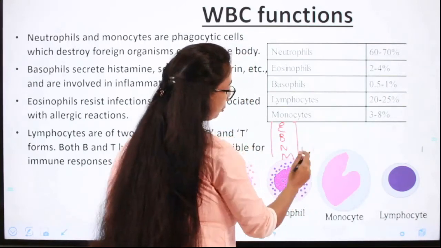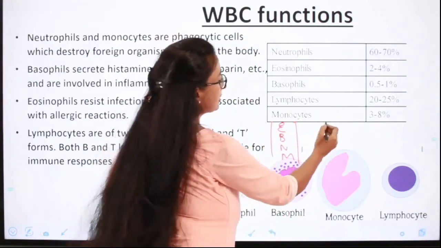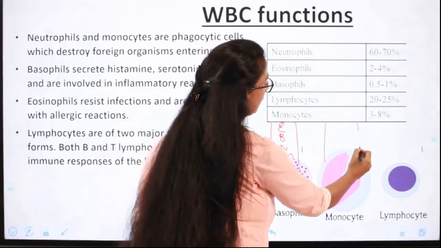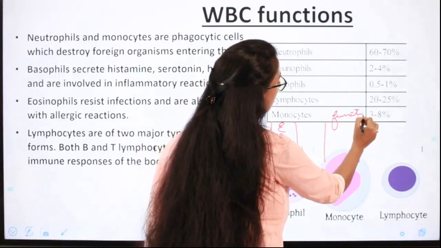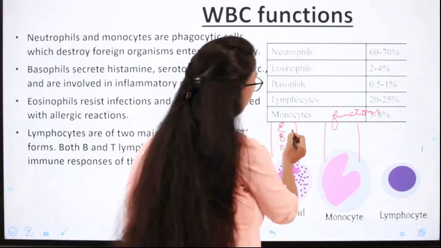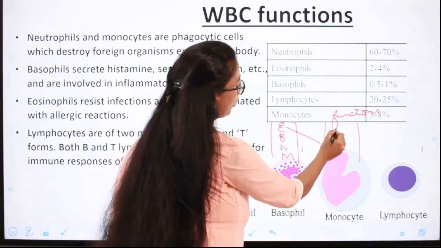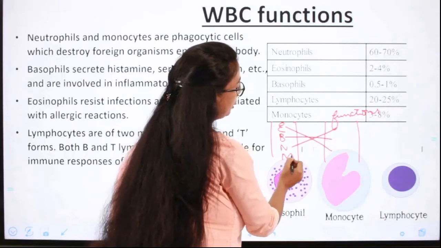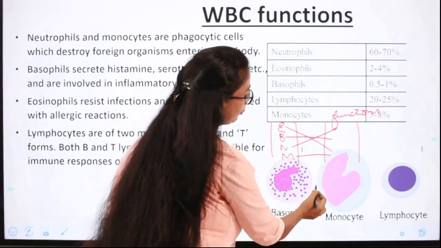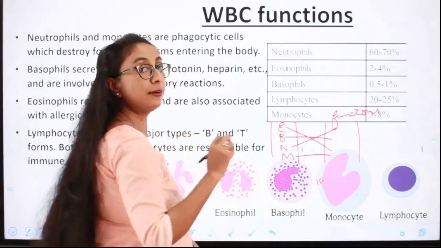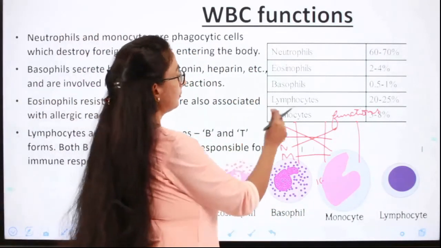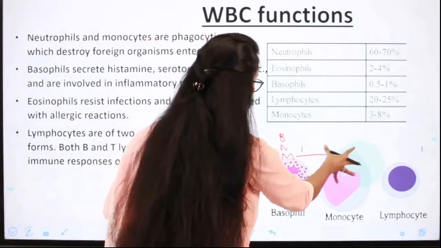They will ask you to match the right one, which cell is associated with which function. They would have given options, one matches with 2 like that, and you have to choose the right option. So these are the possible questions.